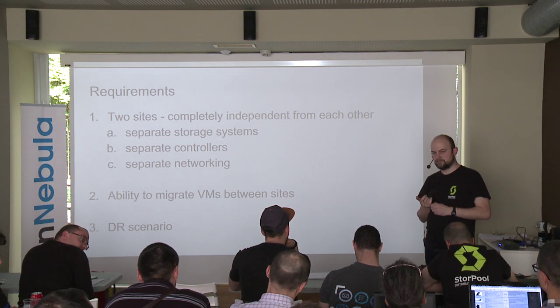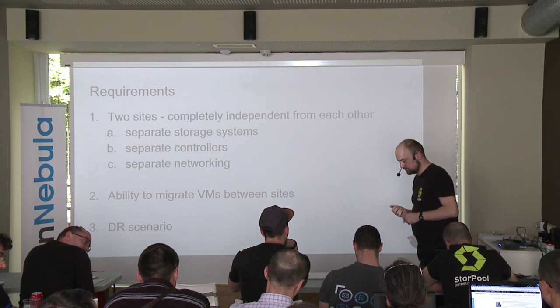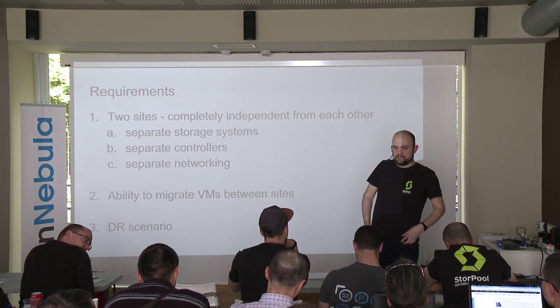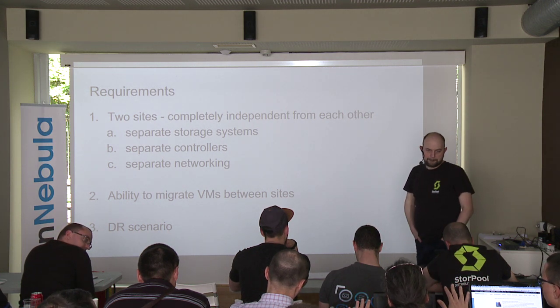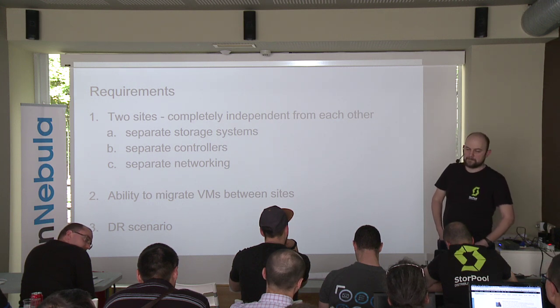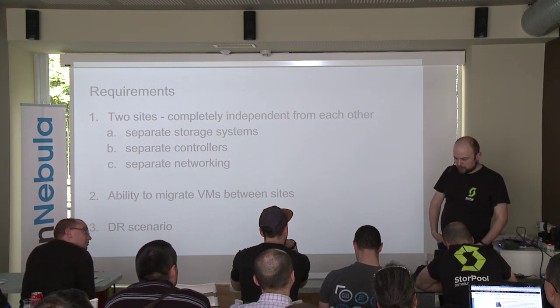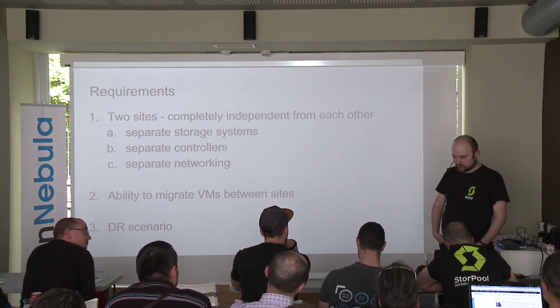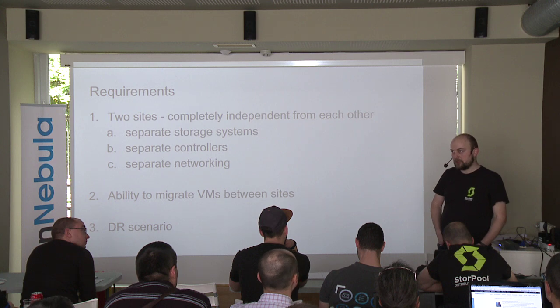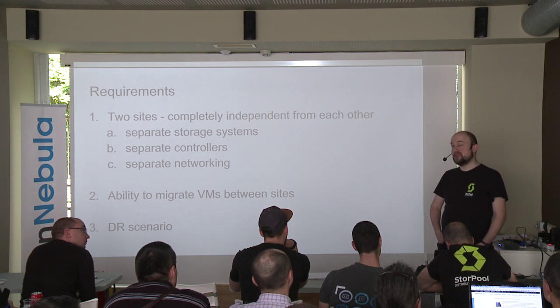One thing you didn't mention, I guess it's assumed that both sites have to have exactly the same network configuration. Yeah, correct. In terms of OpenNebula, you need networks with the same names and datastores with the same names.